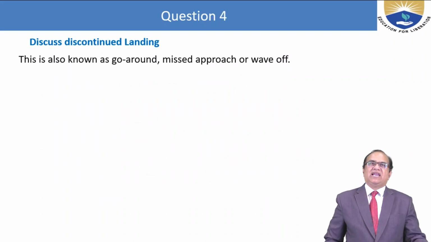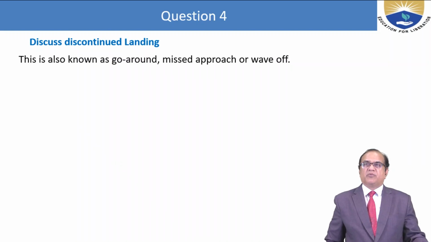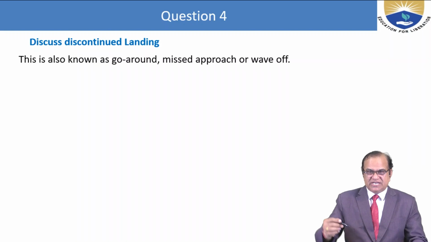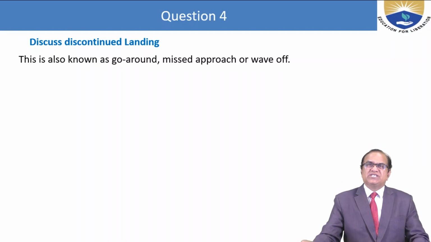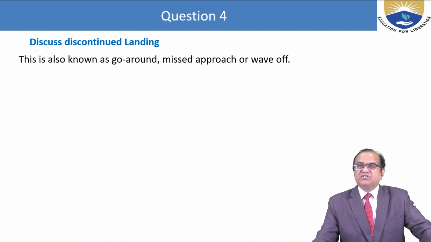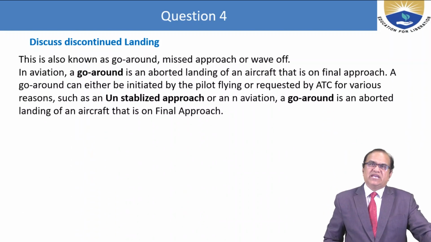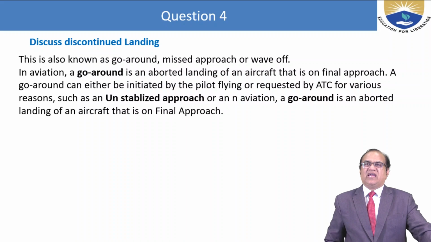Discuss the discontinued landing. This is also known as a go-around, missed approach, or wave off landing. It is coming, and as it is approaching, it is told to take off. In aviation, a go-around is an aborted landing of an aircraft that is on final approach.